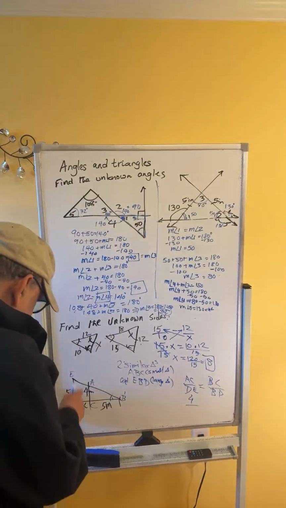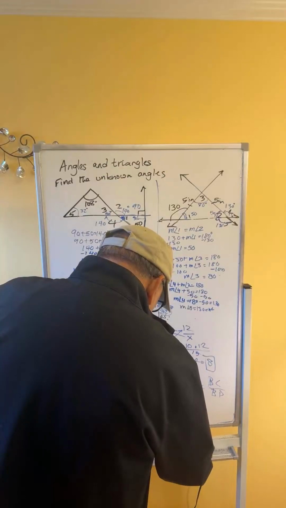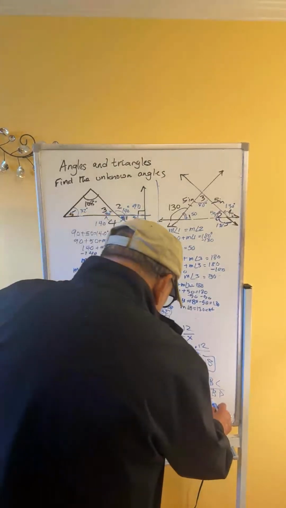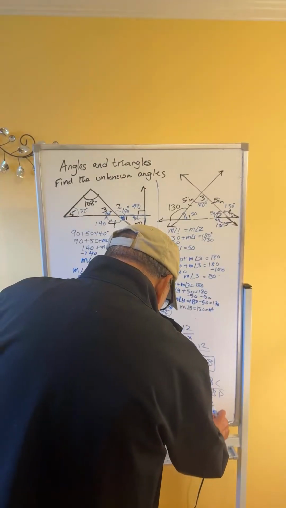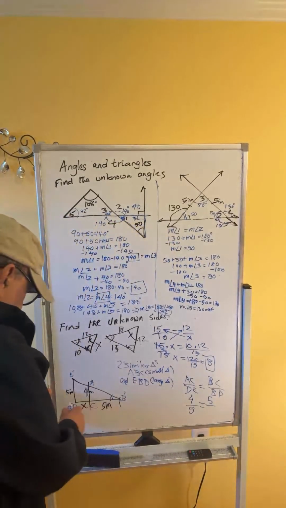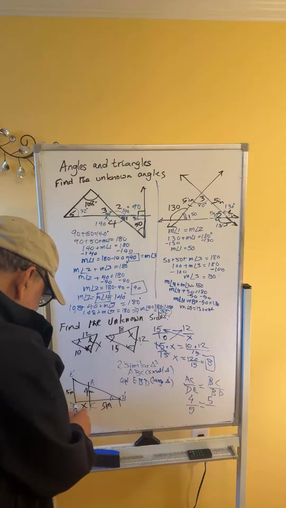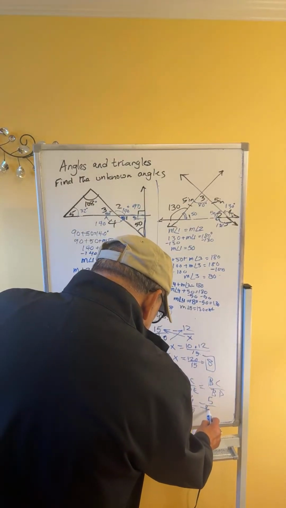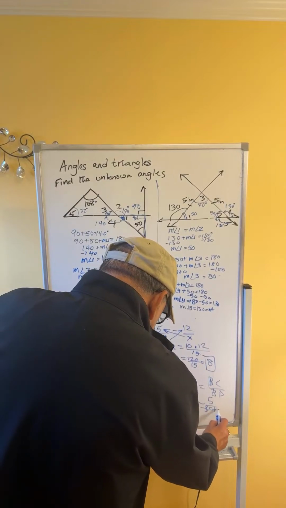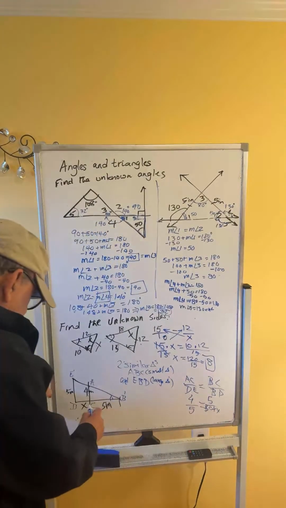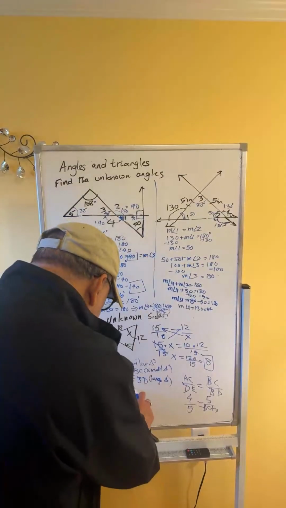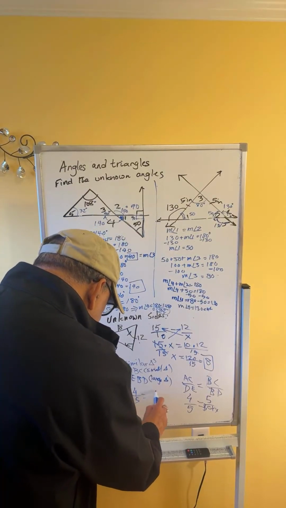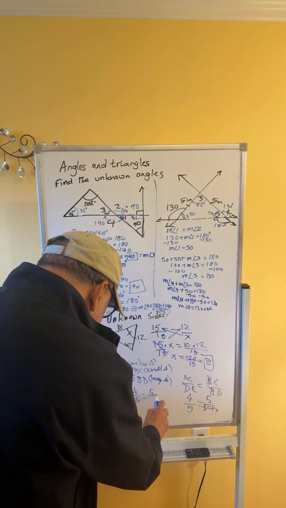What is DE in the large triangle? It is 5. What is BC in the small triangle? It is 5. And in the large triangle, BD is BC plus X. So we have 4 over 5 is equal to 5 over BC plus X.